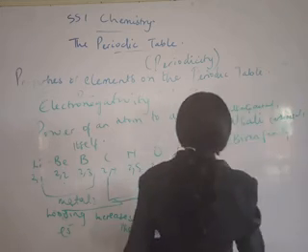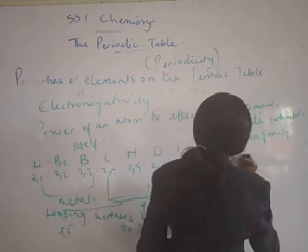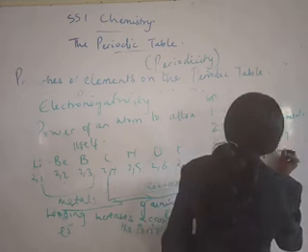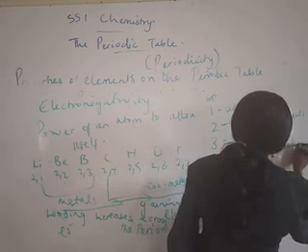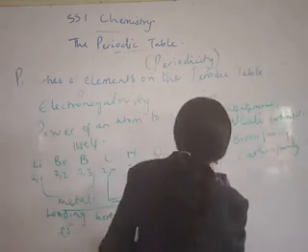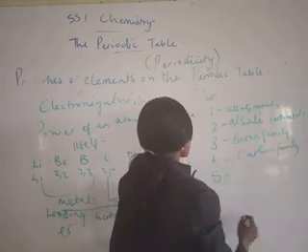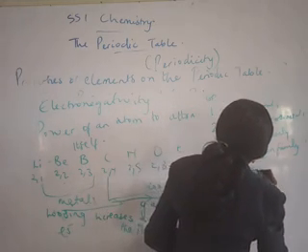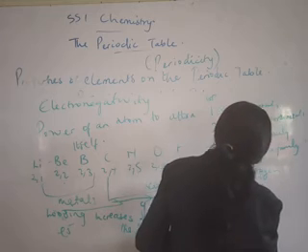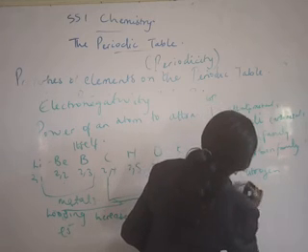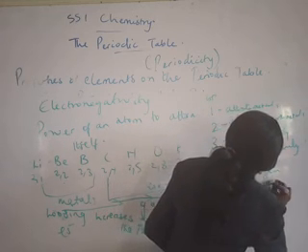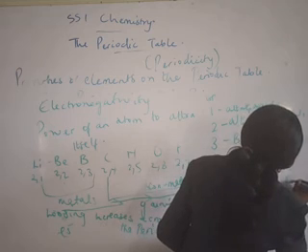Group four, what are they called? We said they are called the carbon family. Group five, can someone tell me what they are called? We said they are called the nitrogen family. Group six, the oxygen family.